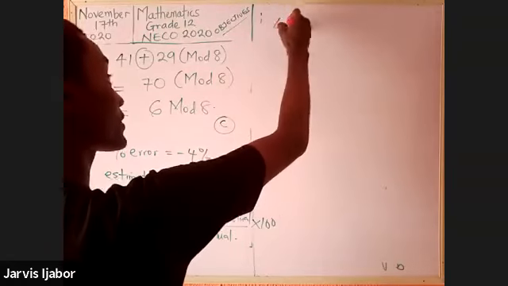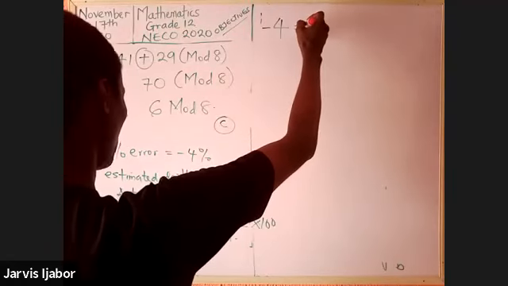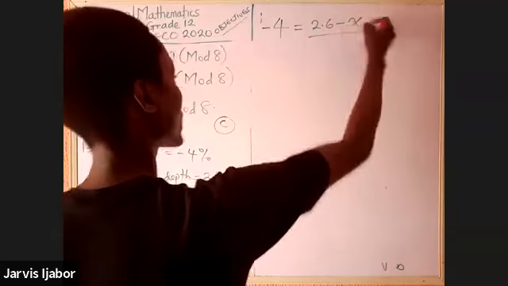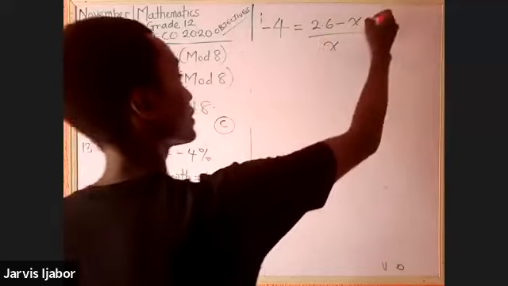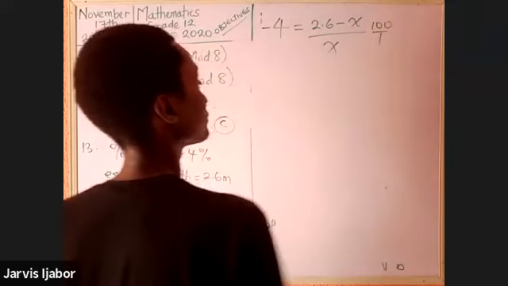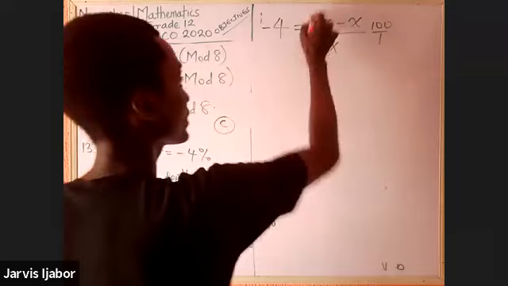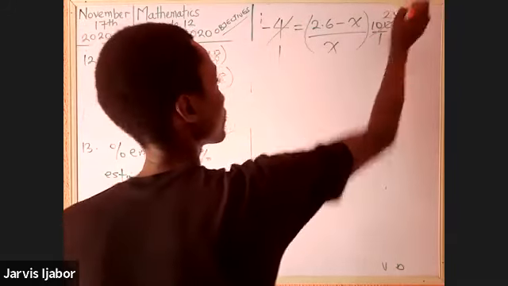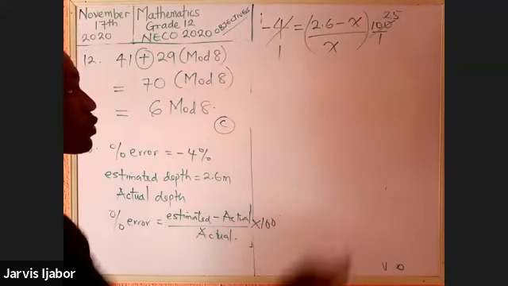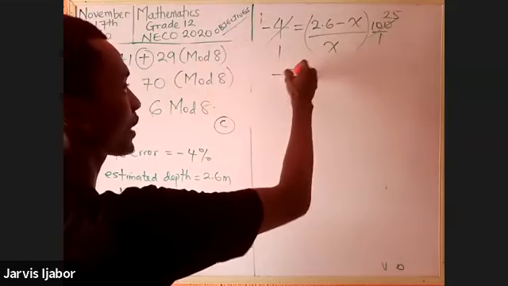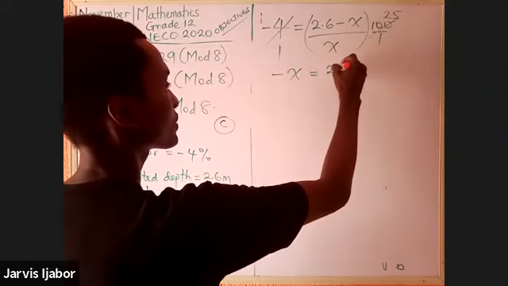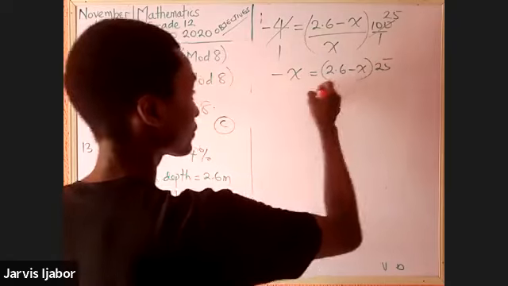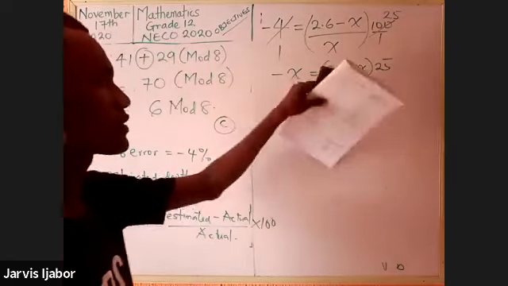So negative 4 will be equal to the estimated, 2.6 minus x, which I will call the actual, over x times 100 over 1. So in this setup, this will give me 1, this will give me 25. So this will give me negative x equal to 2.6 minus x times 25. So what is 2.6 times 25?